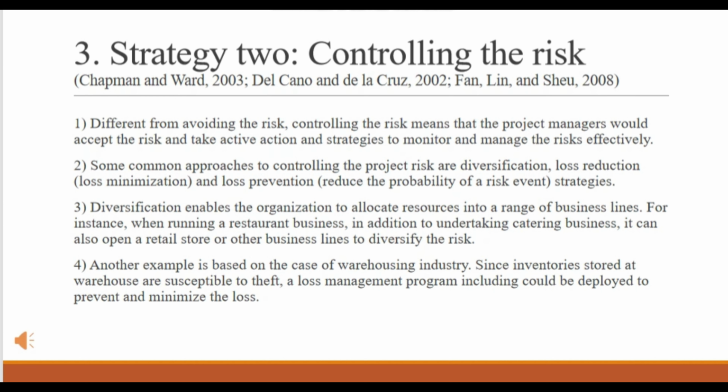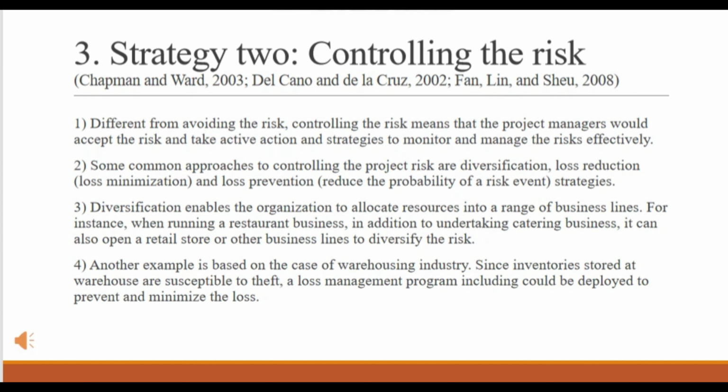Specifically, diversification enables the organization to allocate resources into a diverse range of business lines. For instance, when running a restaurant business, in addition to undertaking catering business, it can also open a retail store to sell groceries, which can diversify its operations.